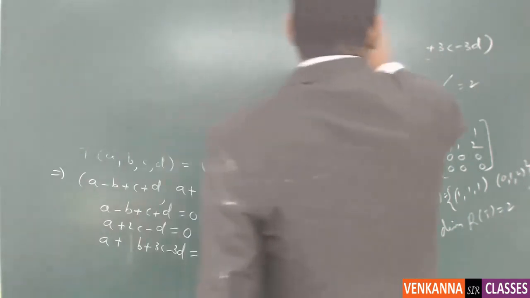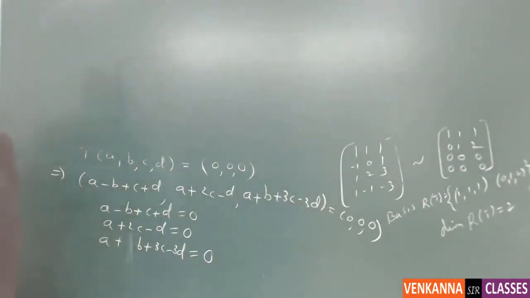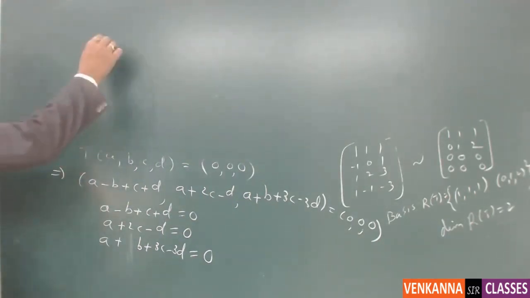So you consider the matrix as it is and apply the row operations. Let us do it for solving the homogeneous system as it is.